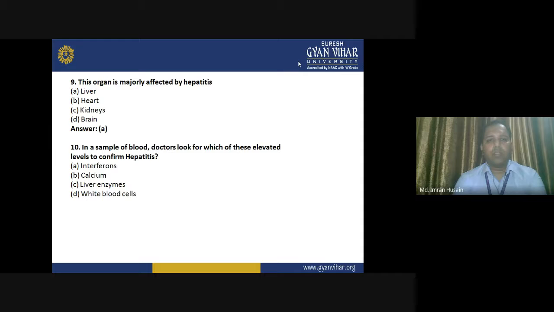This organ is majorly affected by hepatitis, that is liver. In a sample of blood, doctors look for which of these elevated levels to confirm hepatitis. That is liver enzymes. That is the correct answer.